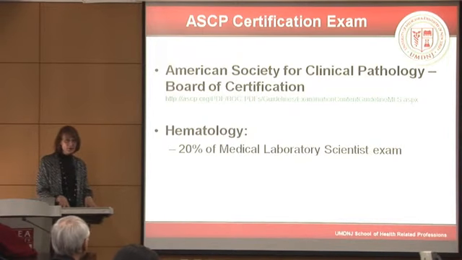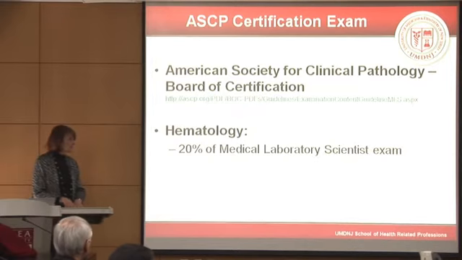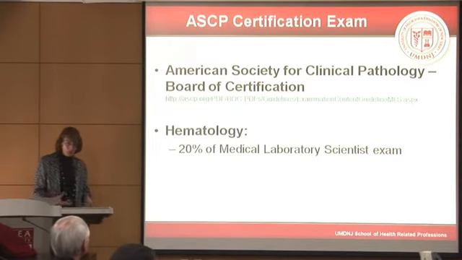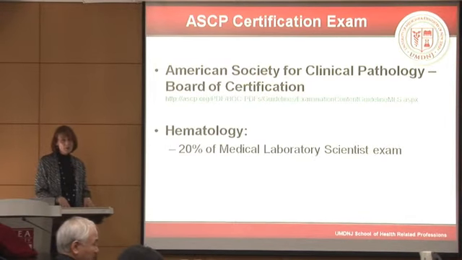They merged about 3 years ago, so now there is one major certification agency in the United States, and that's ASCP. Since we're talking about hematology, 20% of that exam is hematology for the medical laboratory scientist.